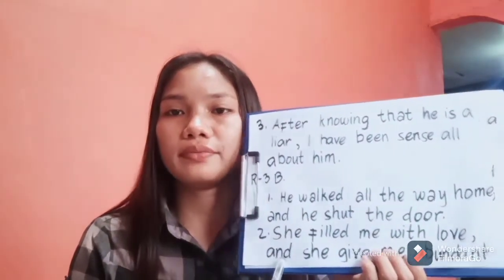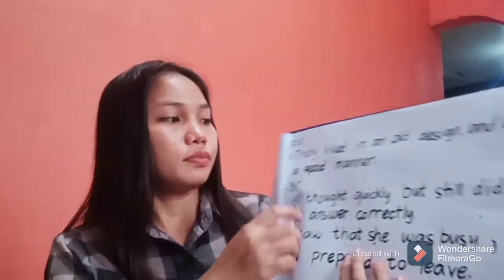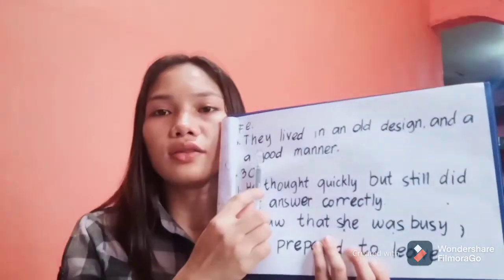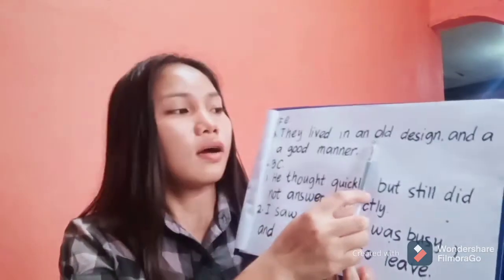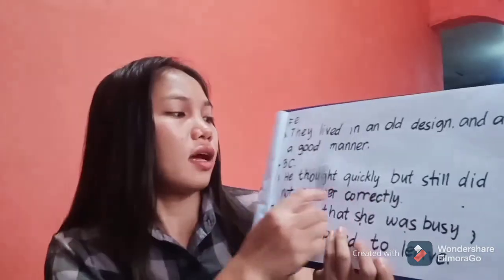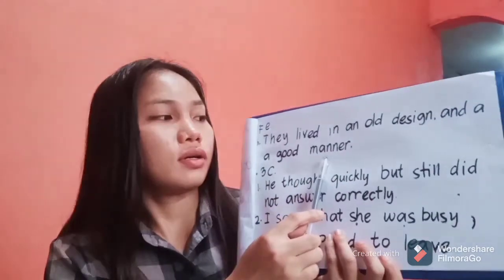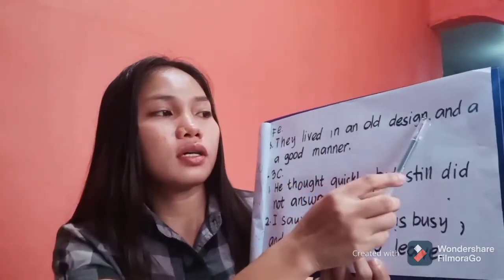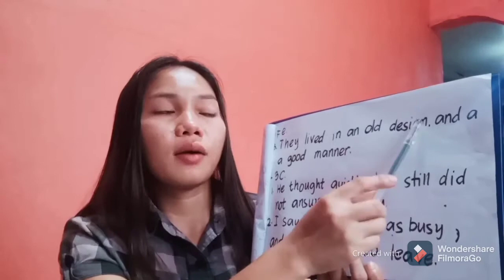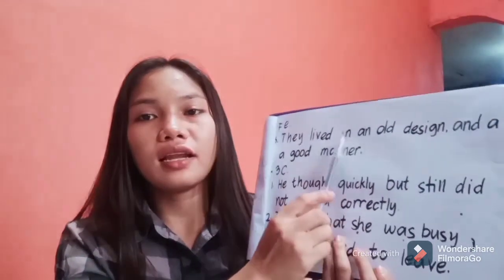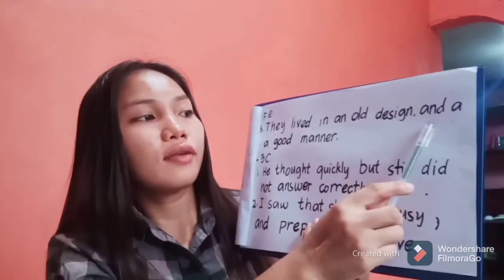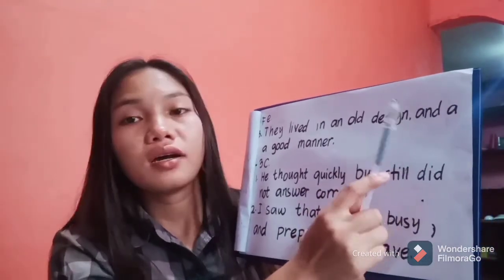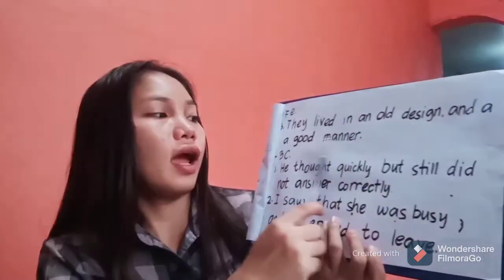Another example, they lived in an old design, and a good manner. I put the comma at the end of the first clause, followed by a space and a connector.